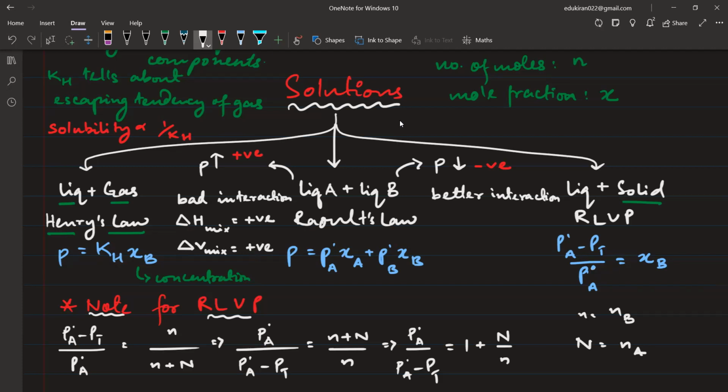अब इसके बारे में आप लोग बताइए, है ना? Tell me, what will be the delta H mix for negative deviation? क्या होगा? Positive or negative? Aksa, tell me. Yes, Aksa. What will be the delta H mix for negative deviation?